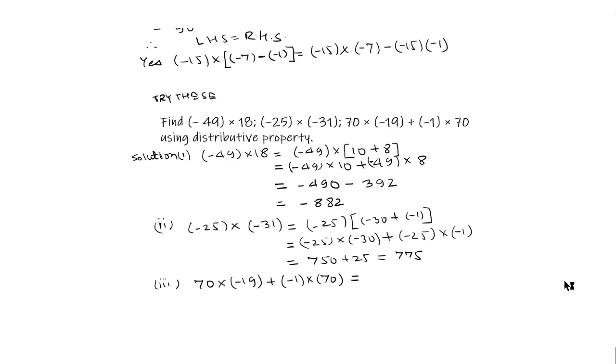So we take 70 multiplied by, within bracket, we write minus 19 plus minus 1. This gives us 70 multiplied by minus 20, which is equal to minus 1400. So this is our solution.